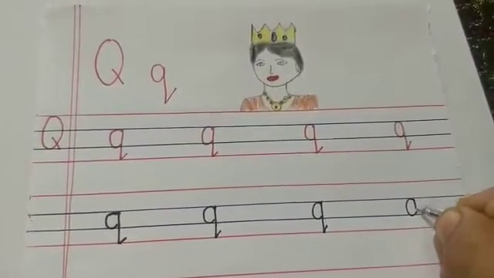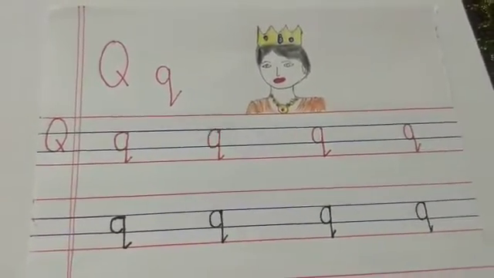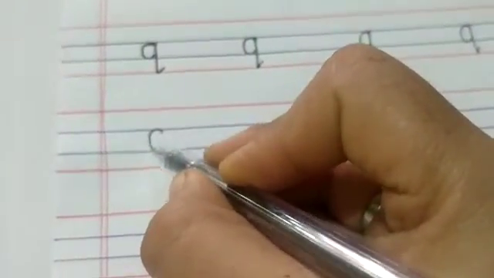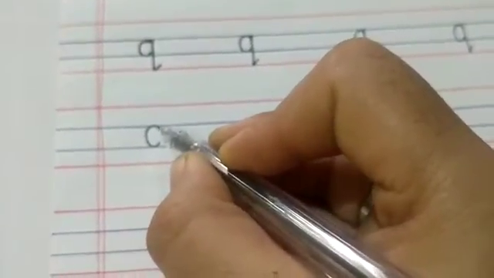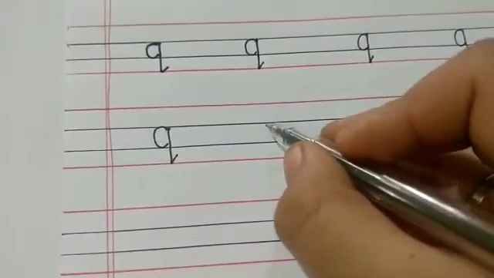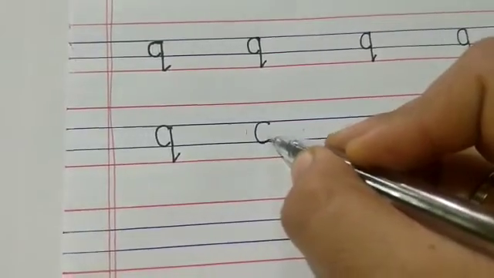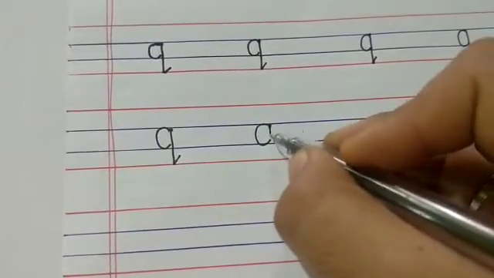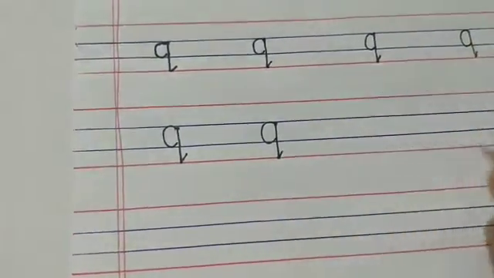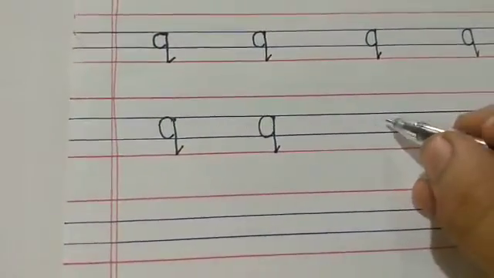A c, then a standing up line and then a small tick. We'll make a small c, then a standing up line from the blue line and then a small line upward. We will make a small c, then again go to the blue line, make a standing up line touching the red line and then a small tick.